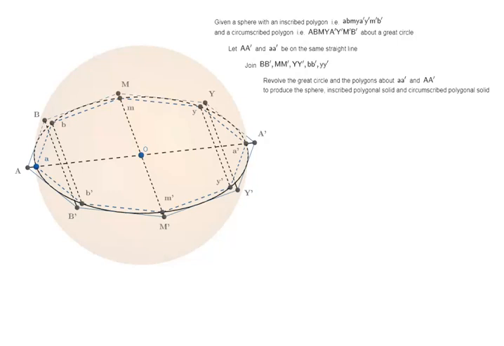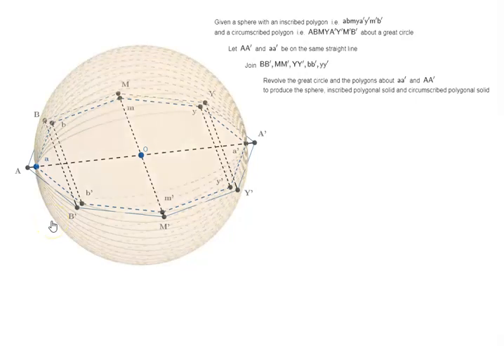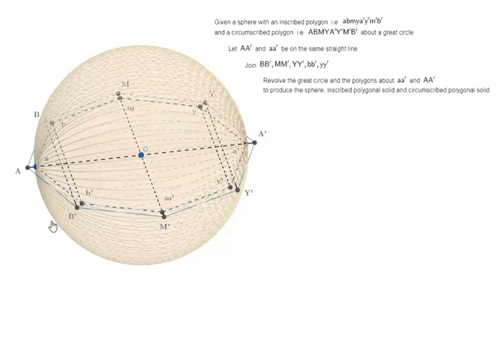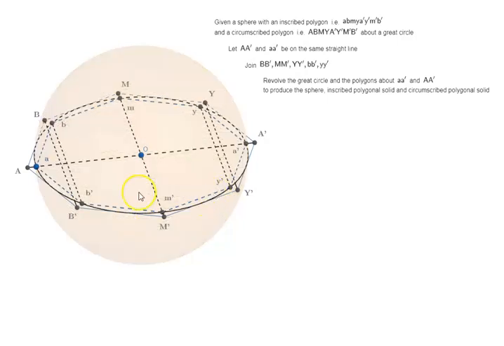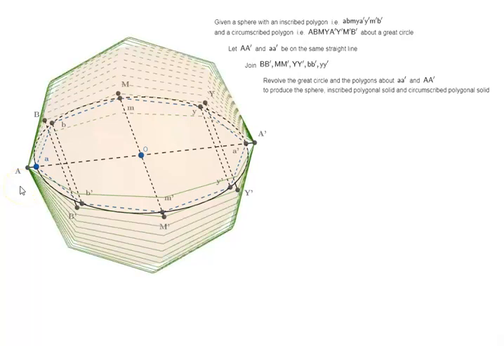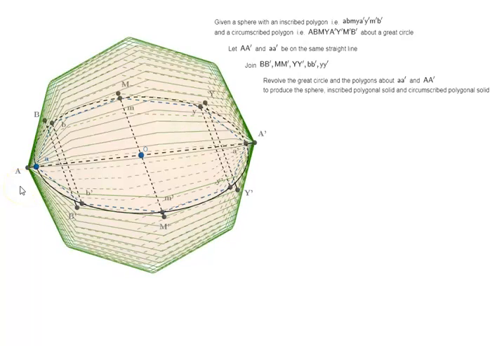So let me show it to you one by one because one hides the other. So this perfectly forms the given sphere. Now let's remove that and let's look at the polygon. This is the circumscribed polygon.